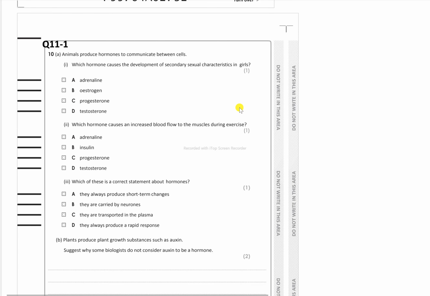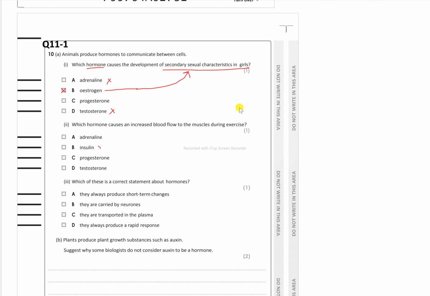Right. Which hormone causes the development of secondary sexual characteristics? Right, I know it's not adrenaline or testosterone. And I always get confused between these two, so it's that one. So that's responsible for secondary sexual characteristics in girls. Which hormone causes increase in blood flow?